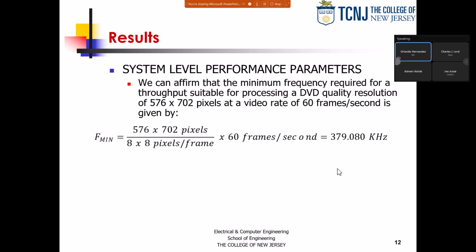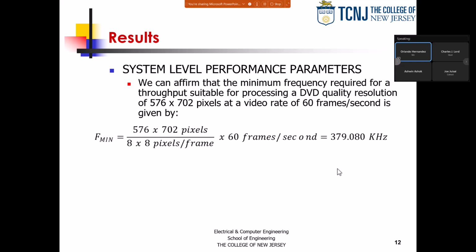From a system level performance, if we were going to work with a frame size of let's say 576 by 702 pixels and at 60 frames per second, we only need to process for that window at about 379 kilohertz.